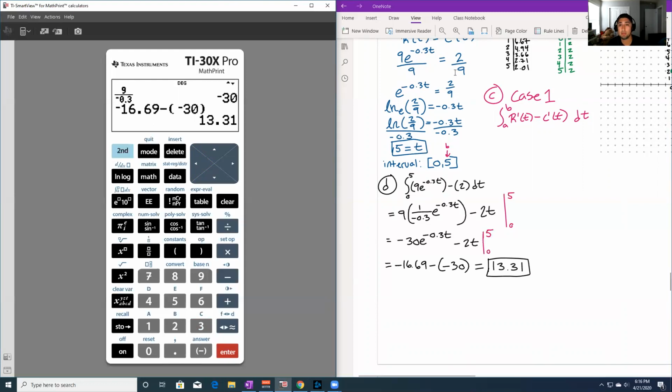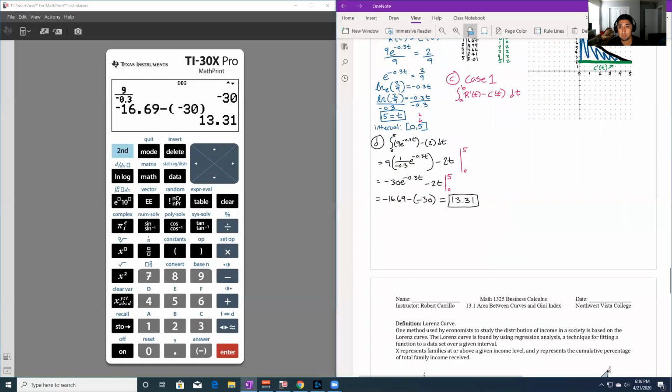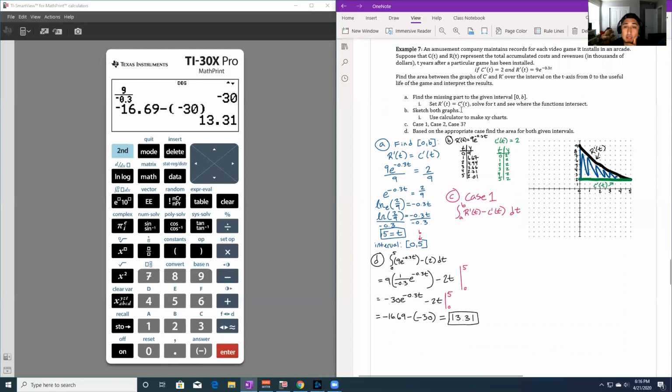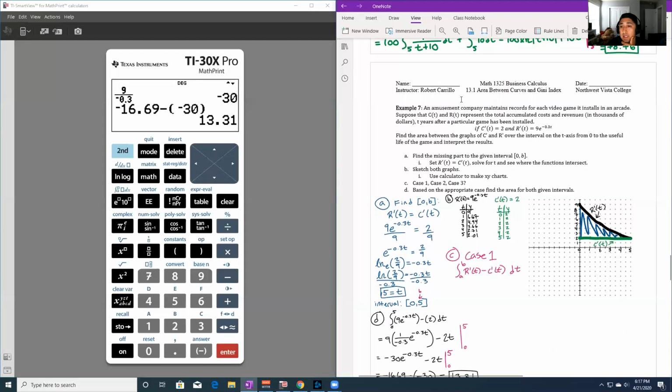Okay, what does it all mean? What were we looking for? That's the area between the graphs. So an amusement company maintains records for each video game it installs in an arcade. Suppose that C of t and R of t represent the total accumulated costs and revenues in thousands of dollars t years after a particular game has been installed.